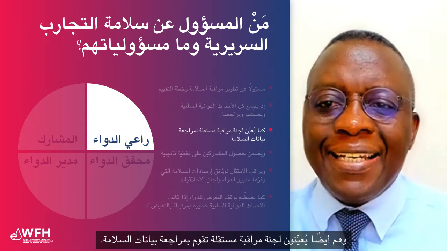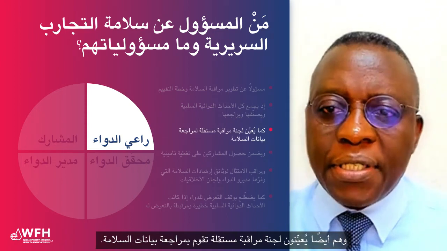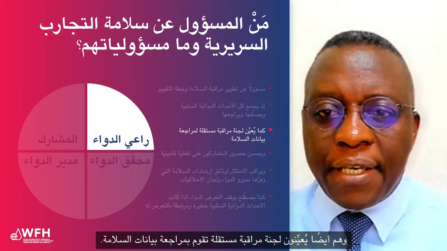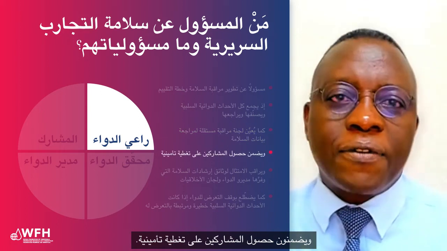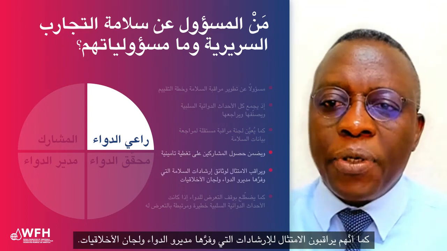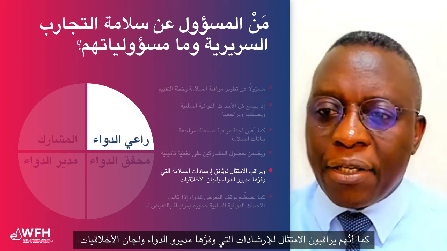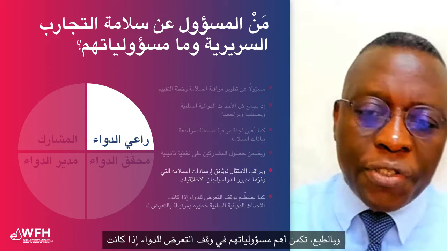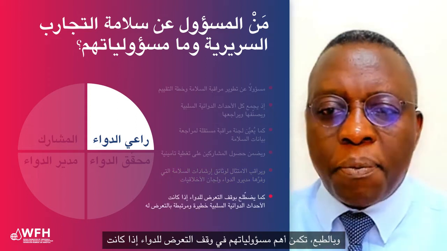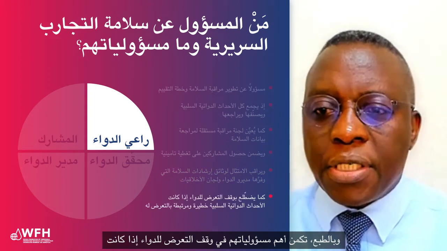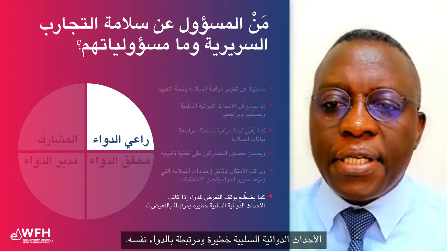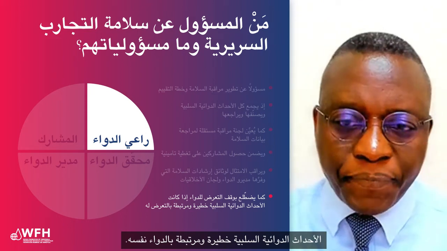They appoint an independent monitoring committee that is going to review the safety data. They ensure that the participants have insurance cover. They monitor compliance with the guidance that has been provided by the regulators and the ethics committees. And of course, the most important responsibility is to stop the exposure to the drug if the adverse event is serious and related to the drug itself.